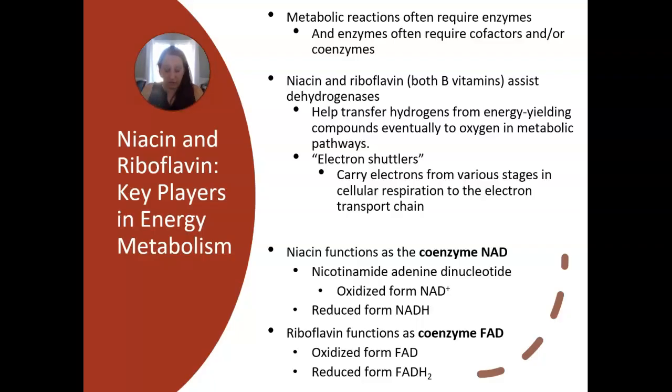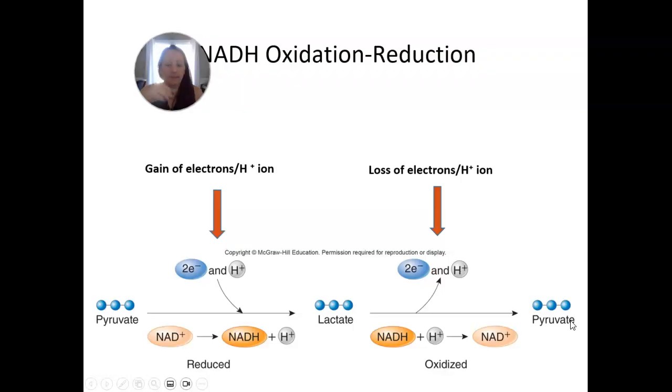Again, to reiterate, their job is to pick up electrons along the metabolic pathway involved in breaking down these energy sources and bring those electrons to the electron transport chain, where the energy from those electrons is eventually converted into ATP. Oxygen is sitting at the very end of the electron transport chain, waiting for those electrons, and will then form water. So two very important molecules here.